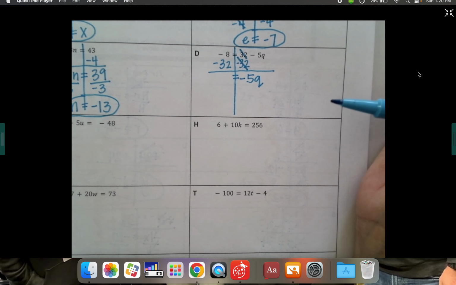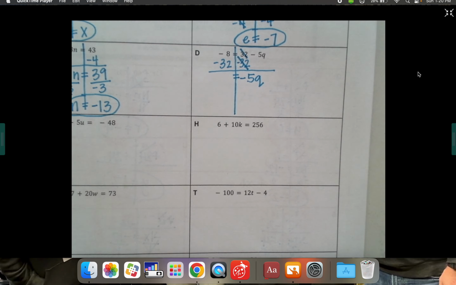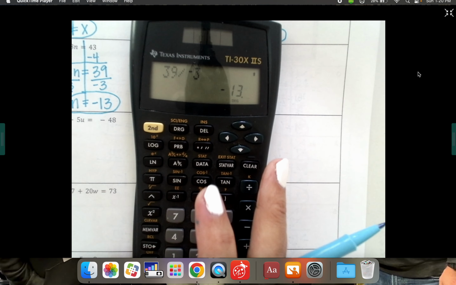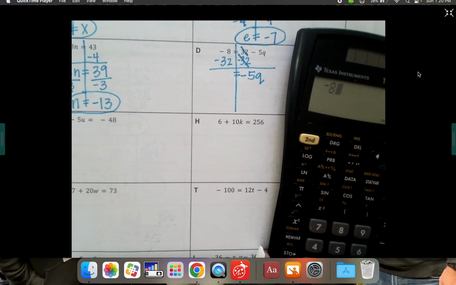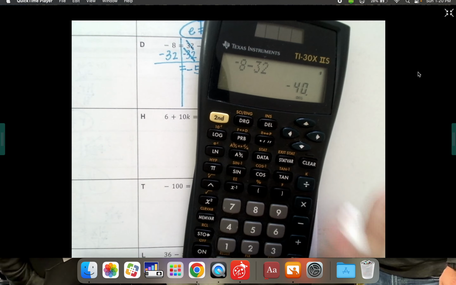And I'm going to use my calculator to double check on this. -8 minus 32, it's like your -8 in your lunch account and you subtract out $32 more, you're going to be a greater negative. But just to be sure, let's always check in our calculator. -8 minus 32 equals -40.